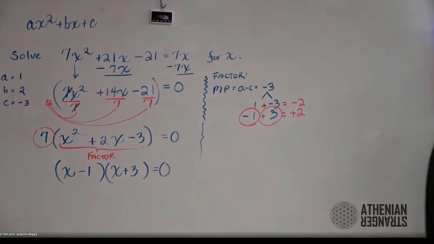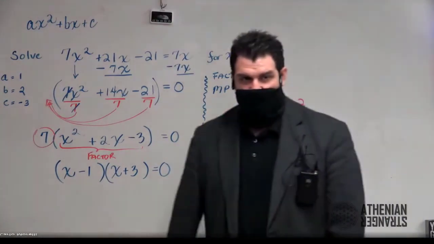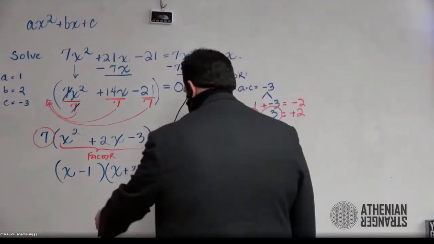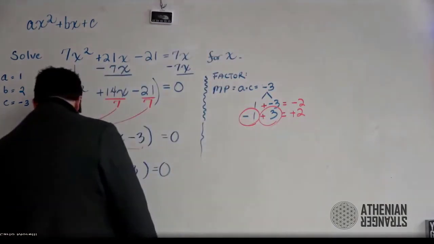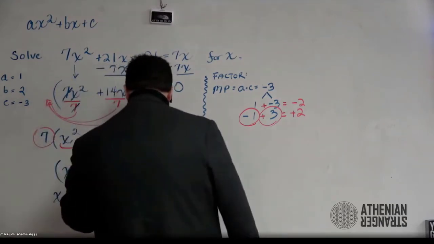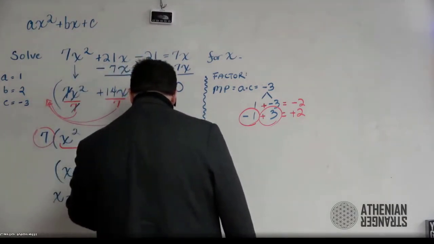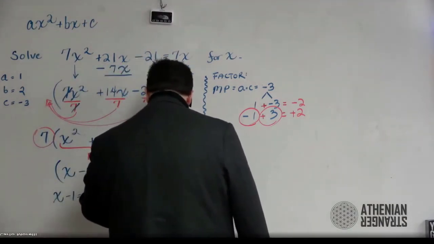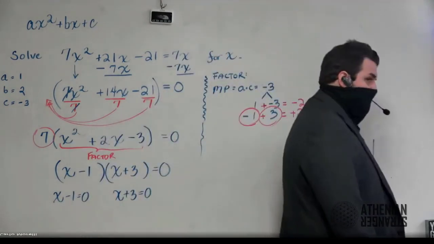Okay. We already know what the next step is. Set each factor equal to 0. X minus 1 equals 0. X plus 3 equals 0. And we're going to solve both of these for x.